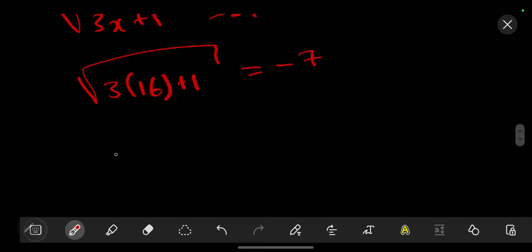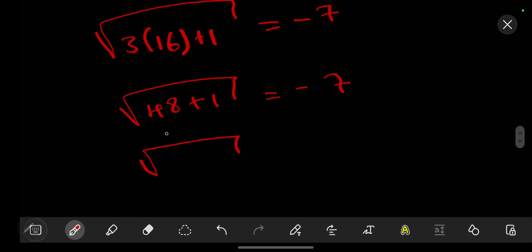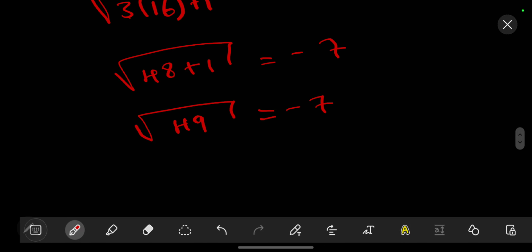So we have the square root of 48, because 3 times 16 gives you 48, plus 1 should be equal to negative 7. So you will find that you are going to have the square root of 49 like that should be equal to negative 7. So the square root of 49, taking the positive, is 7, which is not equal to negative 7.